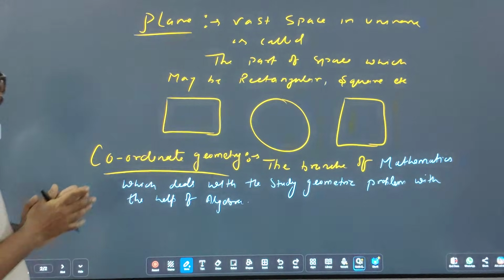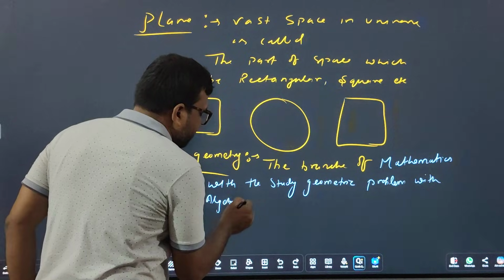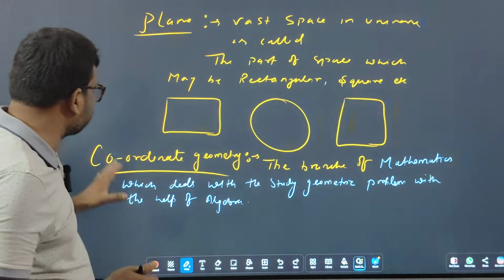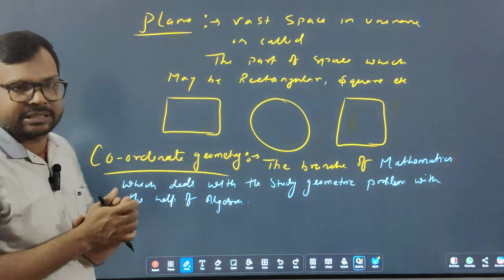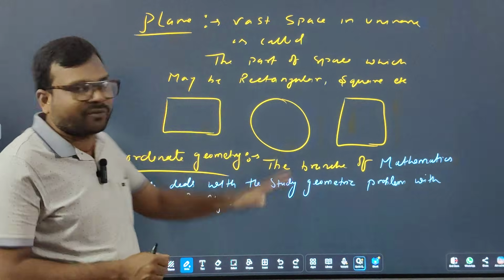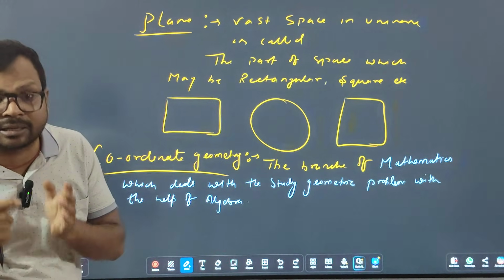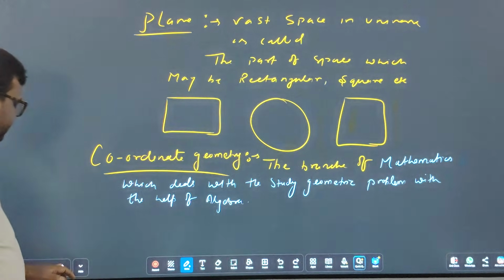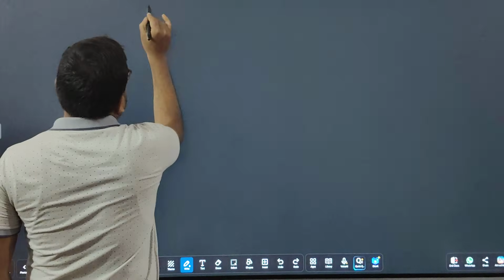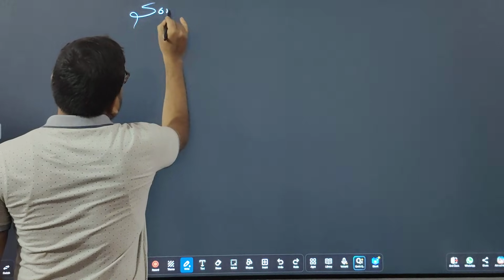In this part we will solve different kinds of geometric problems with the help of algebra, that is called coordinate geometry, given by René Descartes. That means who is the father of coordinate geometry? René Descartes.